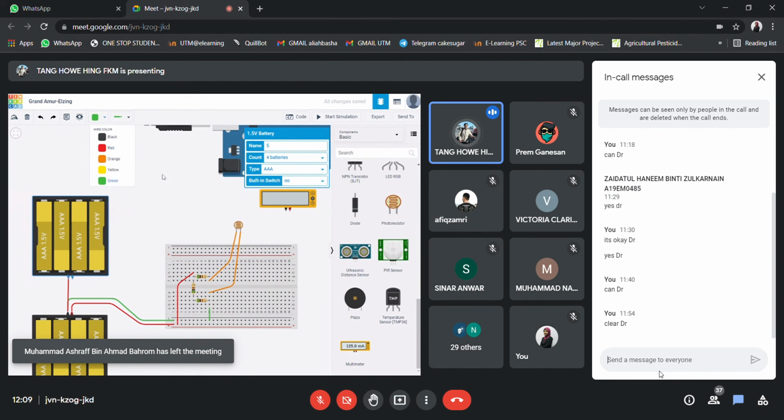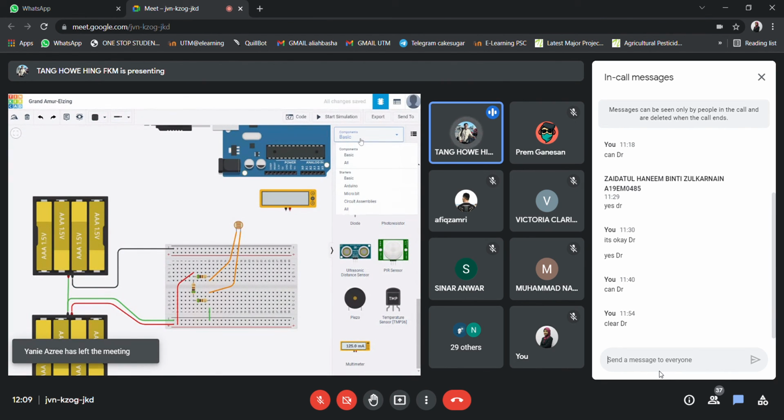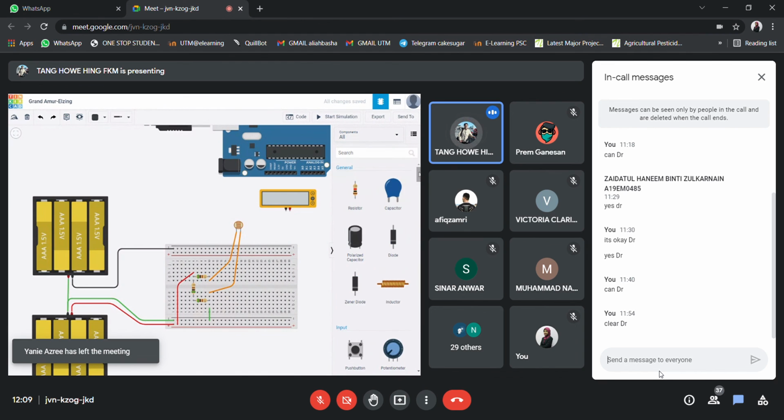Okay, so this is the green, and this is the negative power supply. Okay, so we get the black, and later on we get the op-amp 741.